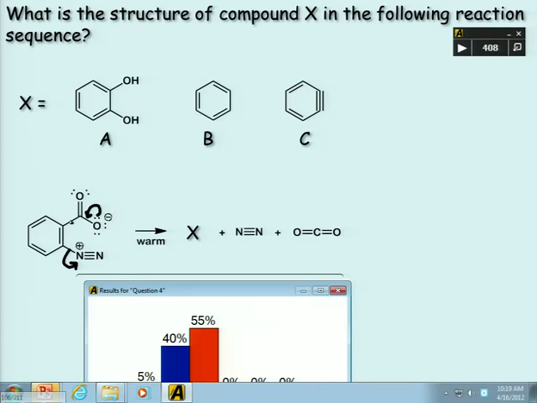So what if we just do this? We get off carbon dioxide and nitrogen, leaving behind X. What would X be? X would have to be, the way I've shown it, a positive charge there and a negative charge here.